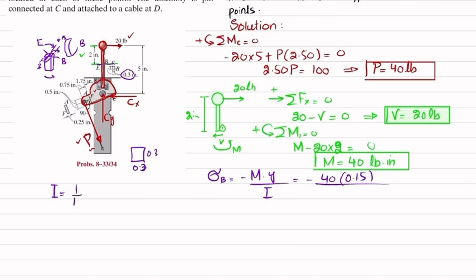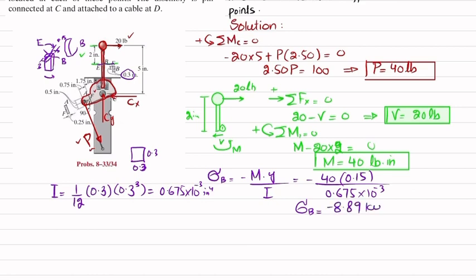So this is square, so it will be 1 over 12, b is 0.3, and height is 0.3 whole cube. And you will get I is 0.675 into 10 raised to power minus 3 inch power 4. So you just put the value 0.675 into 10 raised to power minus 3. So you will get bending stress will be equal to 8.89, and the unit will be KSI. So sigma B will be equal to 8.89 KSI, and this is in compression.